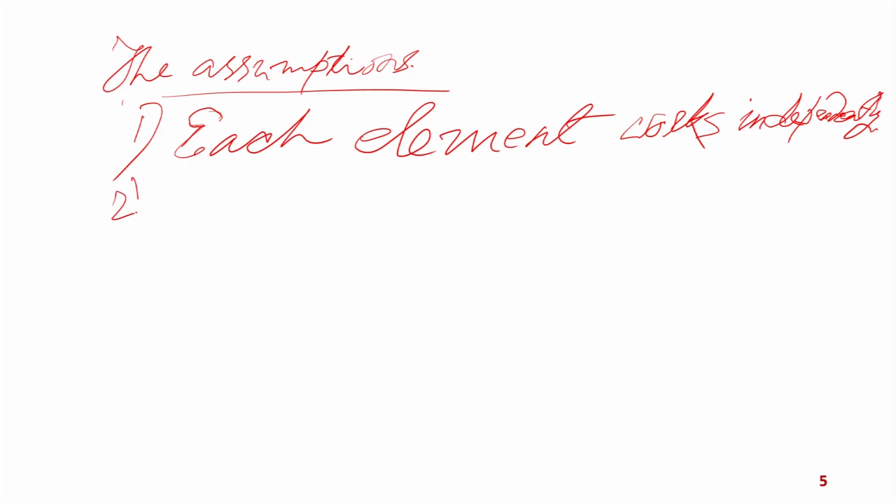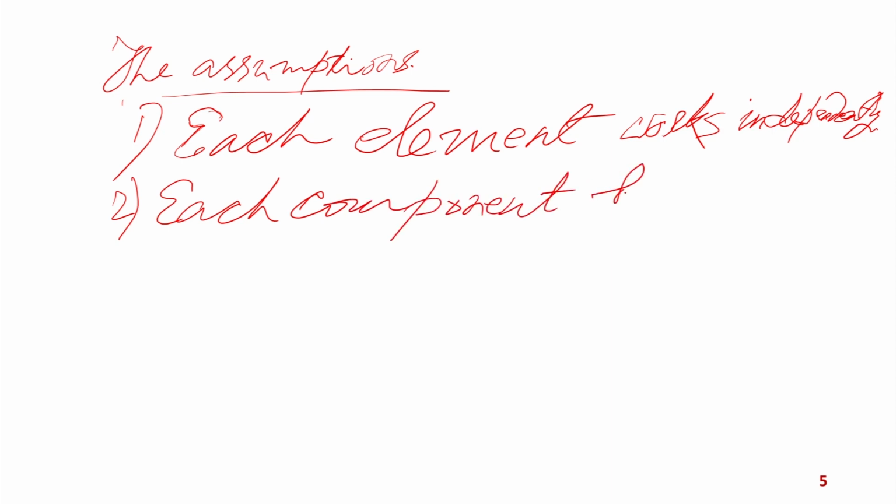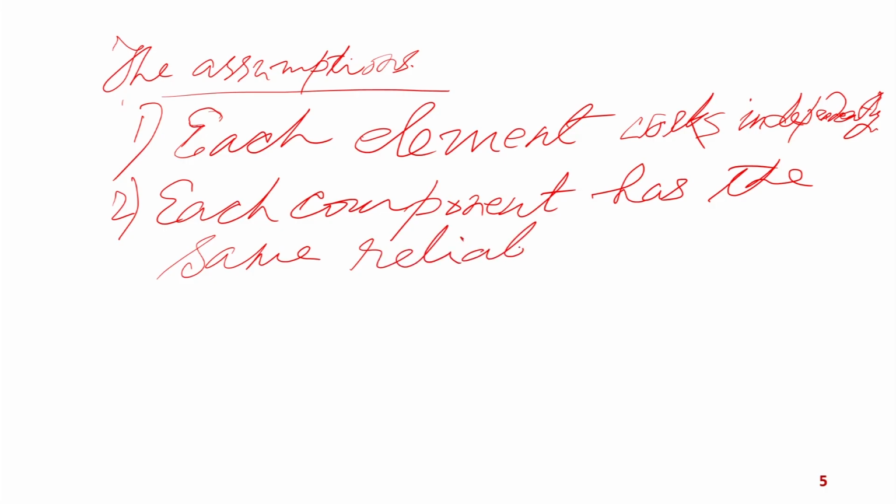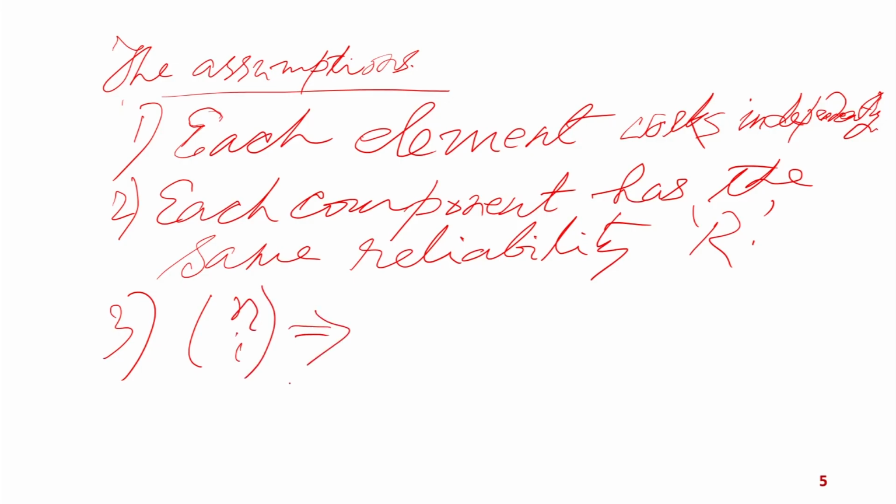And second, each component has the same reliability, that is R. And you all know that what I write as n over i, this implies the combination, that is nCi. These are the different ways you can choose i elements out of n.